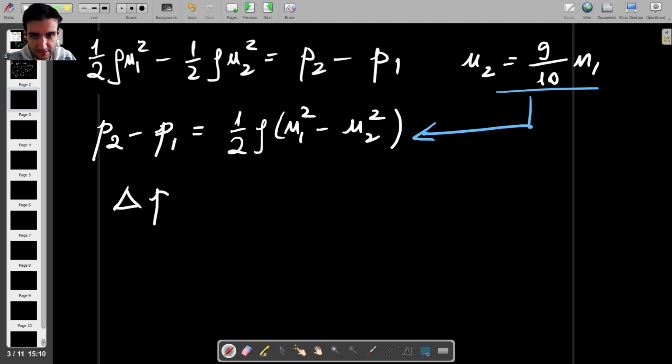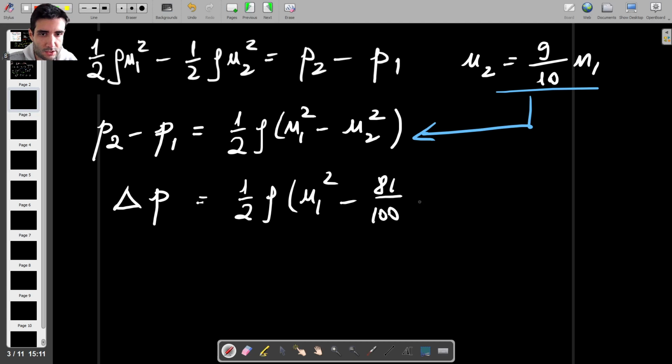So we end up with this delta P, the change in pressure, is 1 half rho, and then we have U1 squared minus 9 over 10 U1, everything squared. So that's going to be 81 over 100 U1 squared, which is 1 over 10 rho.